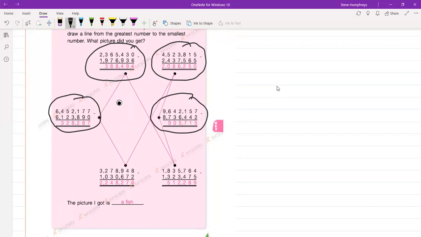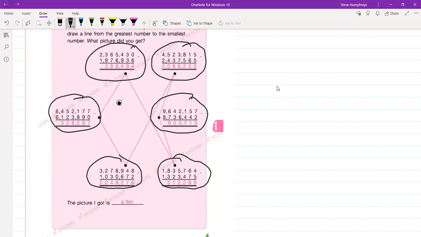And they're 7-digit numbers dealing with millions. Okay, 6 more. And when you've completed that, you need to draw a line from the greatest number to the smallest number. And you'll get a picture.